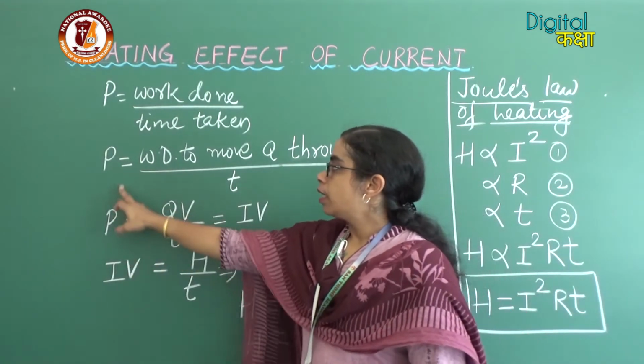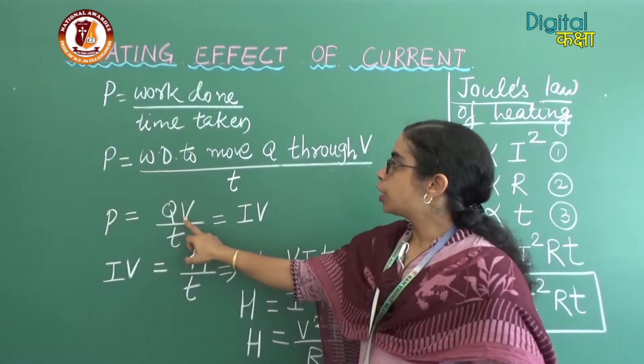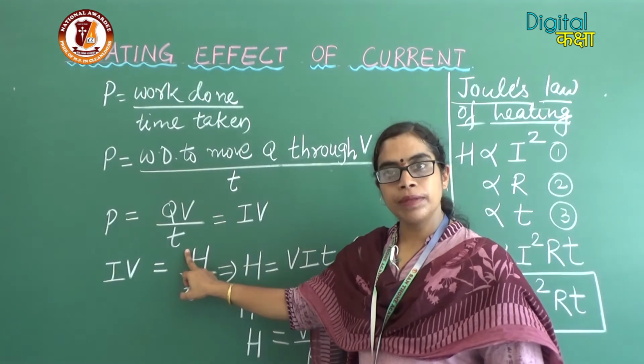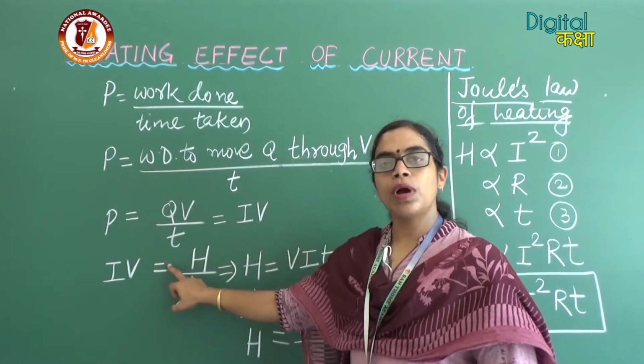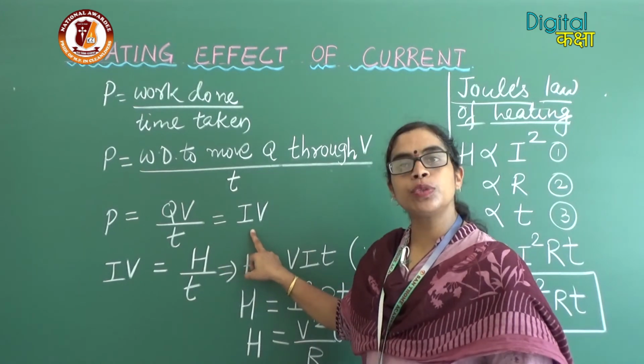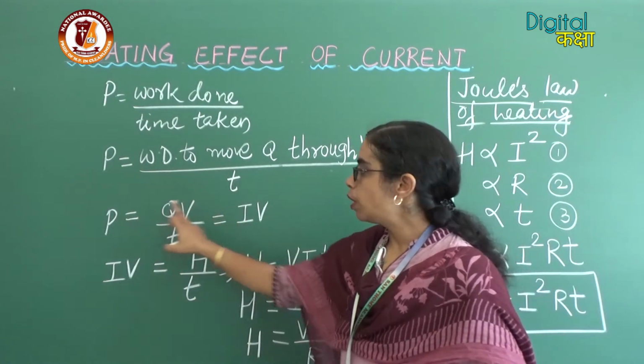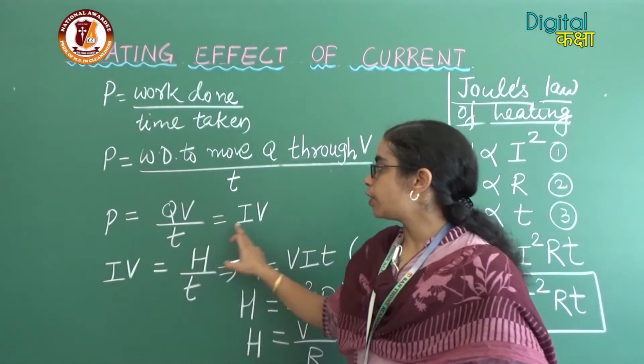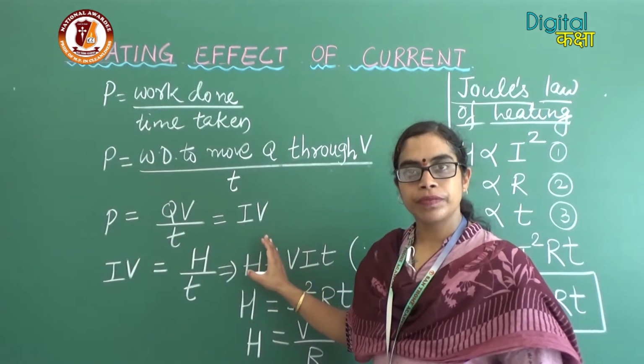So, here the power is given as Q into V upon T. If I take Q upon T together, certainly it can be written as I. So, I have got the value of power to be I into V.